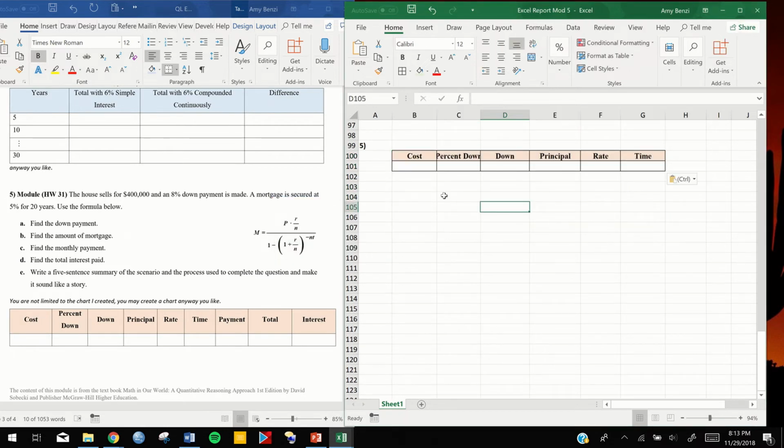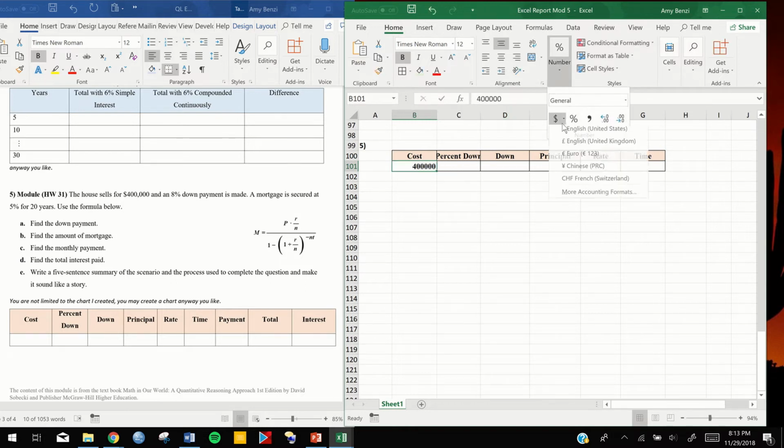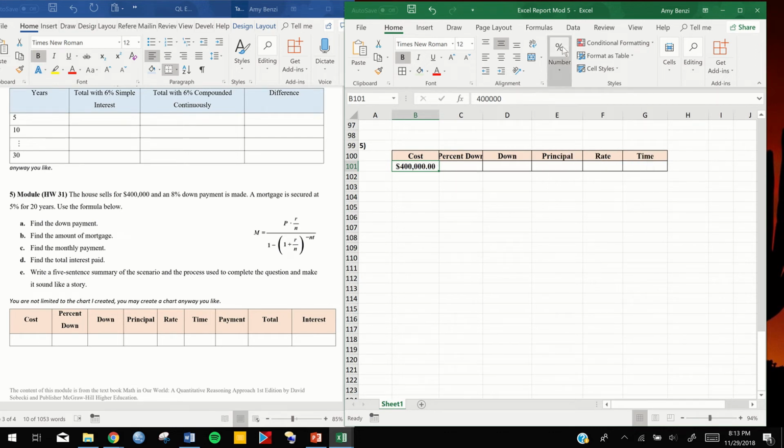All right, the cost of the house is $400,000. The percentage down, let's see, I'll change this cell to dollars. English, United States. I'll change this to %. Did not mean to do that.